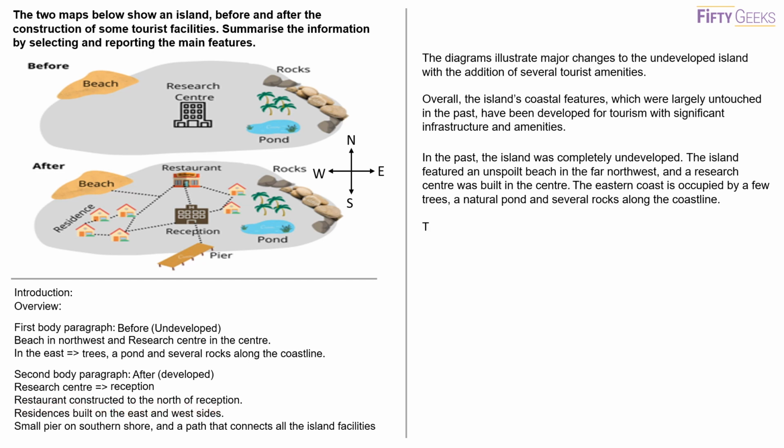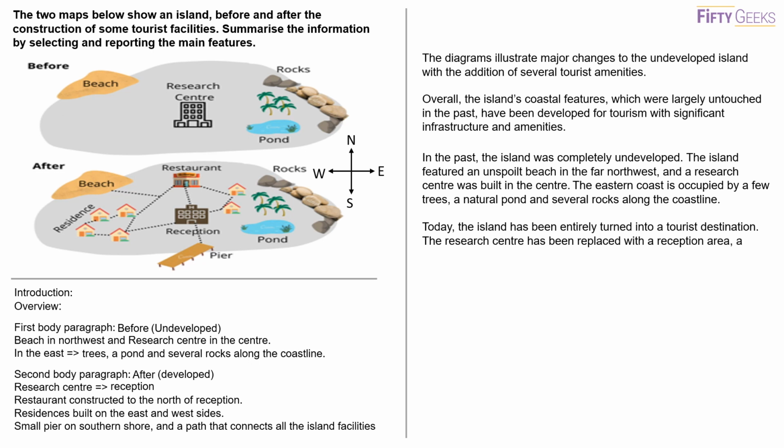I will write, today the island has been entirely turned into a tourist destination. The research center has been replaced with a reception area, and a restaurant has been built to the north of the reception area to serve the guests.